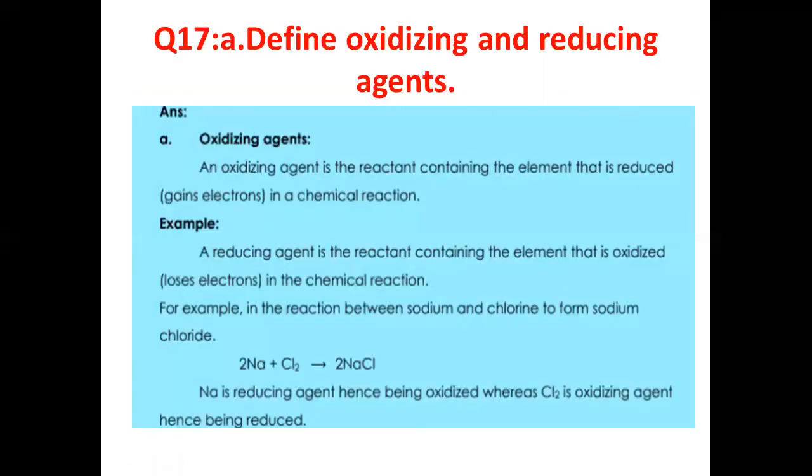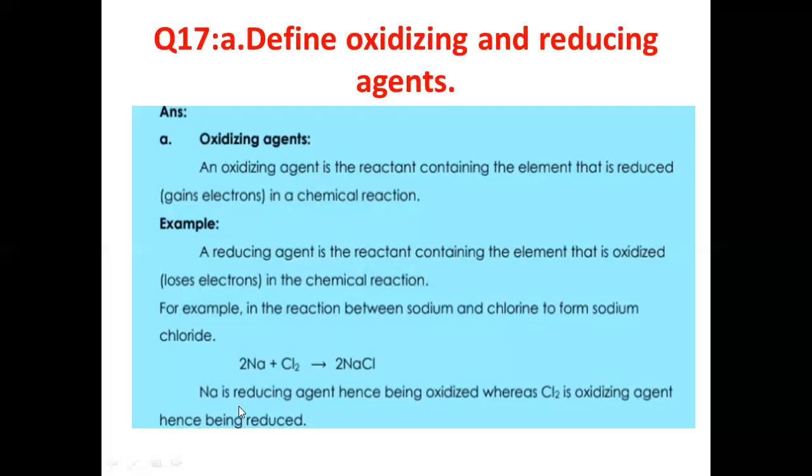So the element which undergoes reduction, or an oxidizing agent is the reactant containing the element that is reduced, gain electron, and the opposite will be reducing agent. A reducing agent is the reactant containing the element that is oxidized, means loses electrons in a chemical reaction.